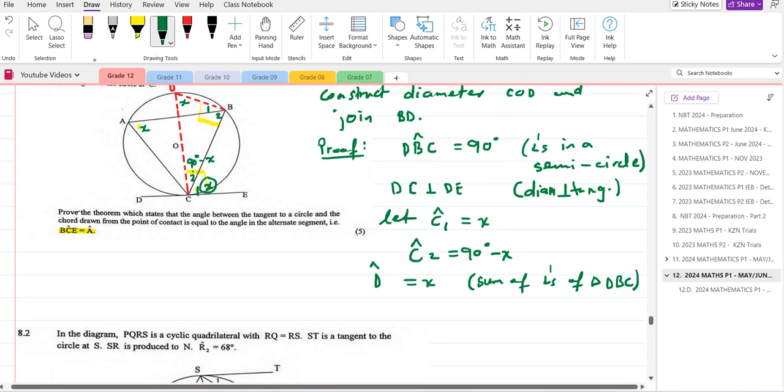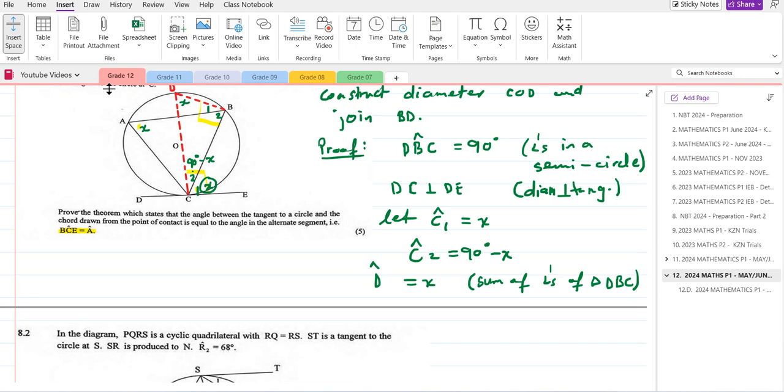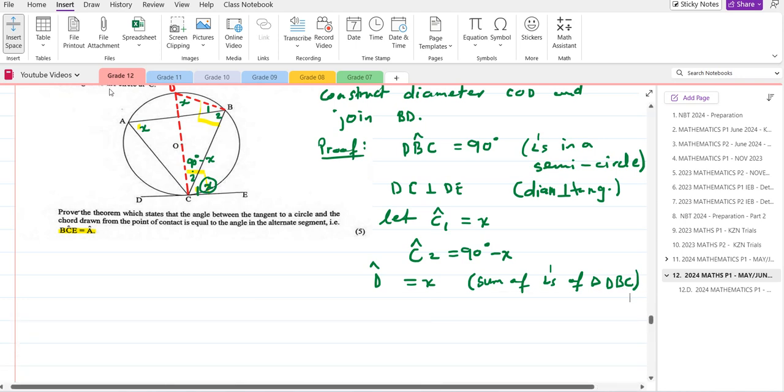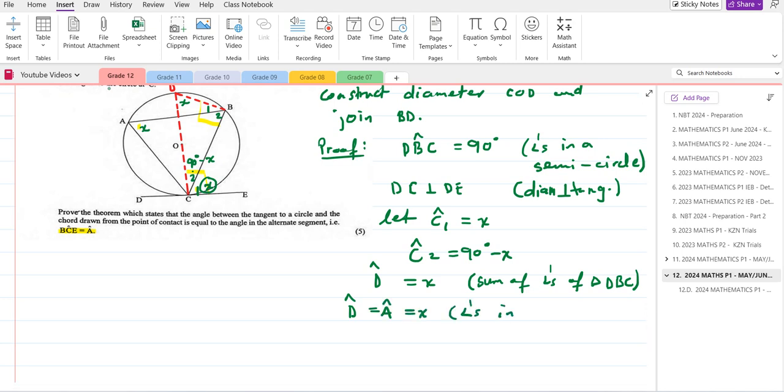Now we can say angle D is equal to angle A. Why? Angles in the same segment.